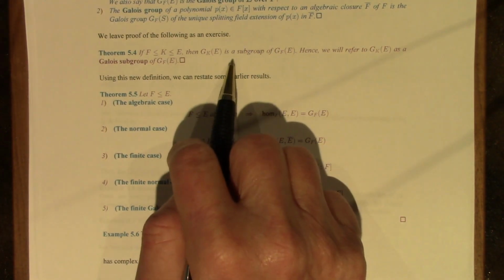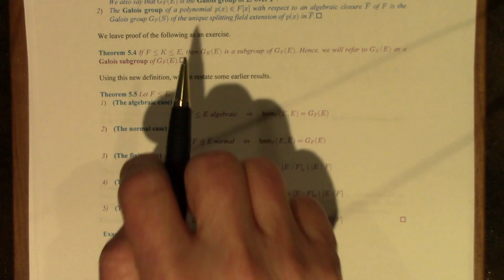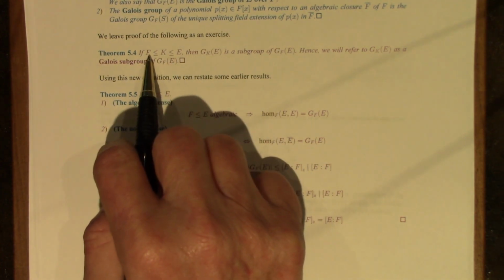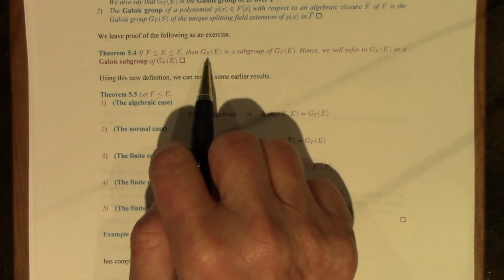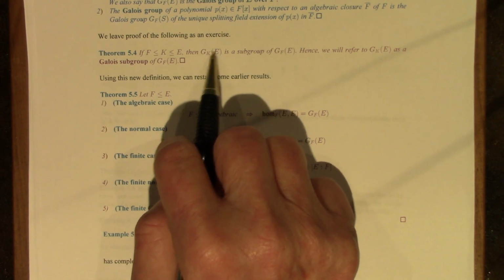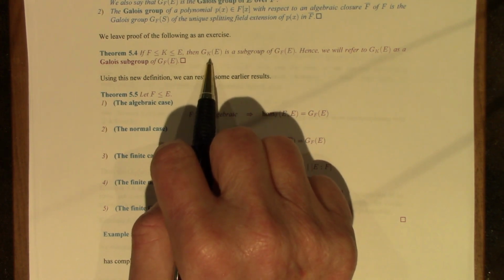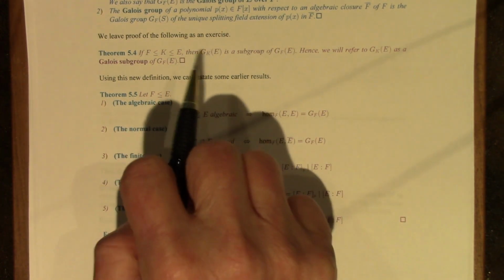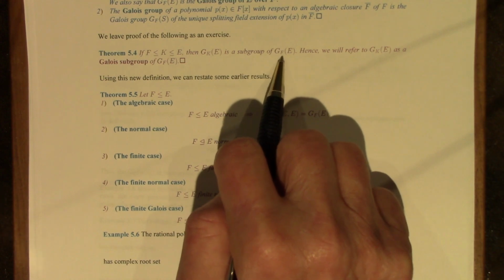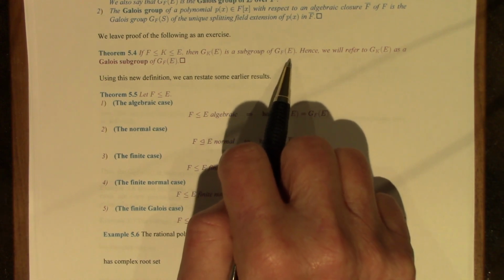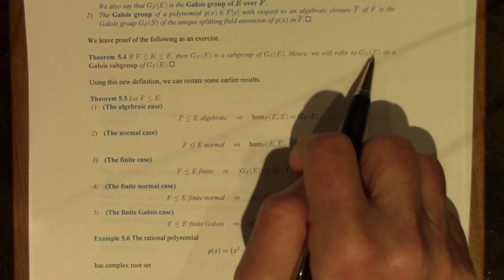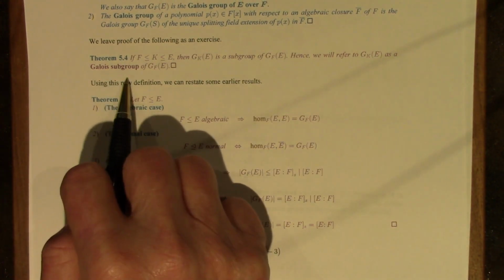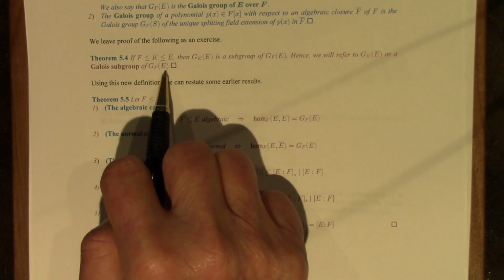And I'm going to leave this for you to prove also, that if we have a tower F, K, E, then the Galois group of E over K is a subgroup of the Galois group of E over F. Notice that K is bigger than F, but G(K,E) is smaller than G(F,E). So I may refer to G(K,E) then as a Galois subgroup of G(F,E).